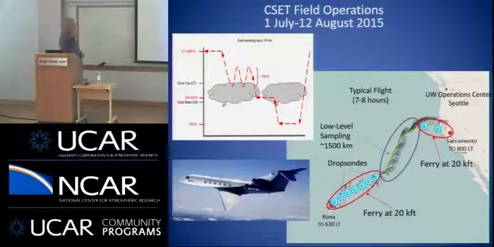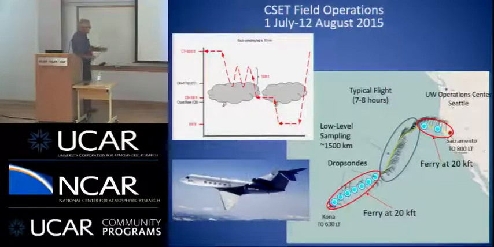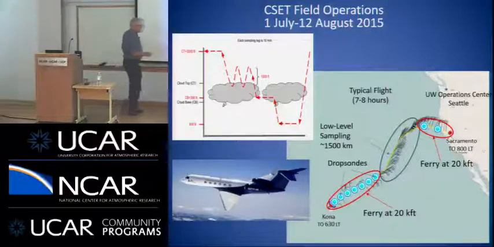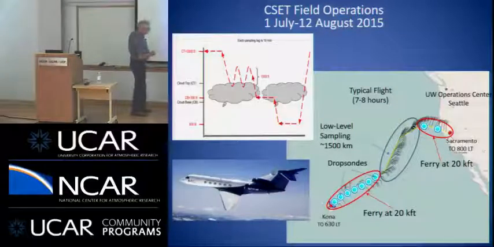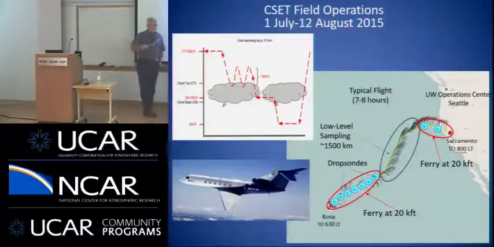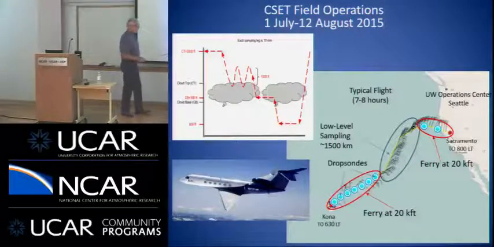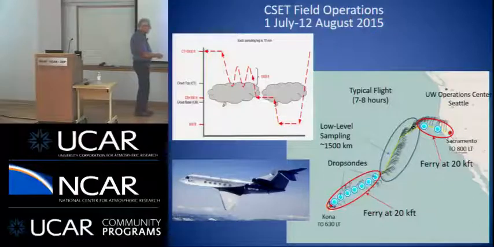Now, this is sort of the setup for our field operations. And as I said before, it's the capabilities of the G5 that make this possible, because if we want to sample these clouds in this area that we're looking at here, we have to have an aircraft that has the range to do that. And this aircraft does have the range, but its best performance is actually at upper altitudes.